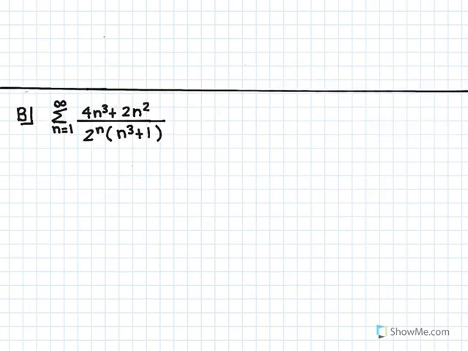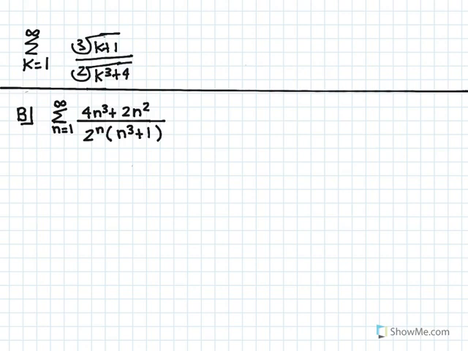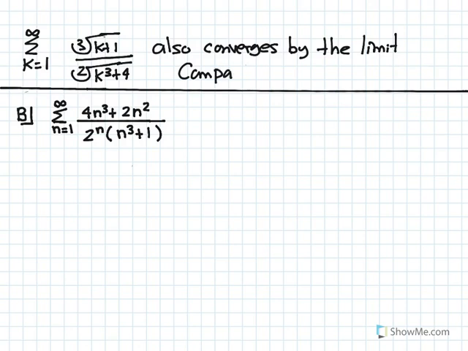Therefore, the given series that we have, which is summation k equals 1 to infinity of third root of k plus 1, divided by second root of k cubed plus 4, also converges by the limit comparison test.